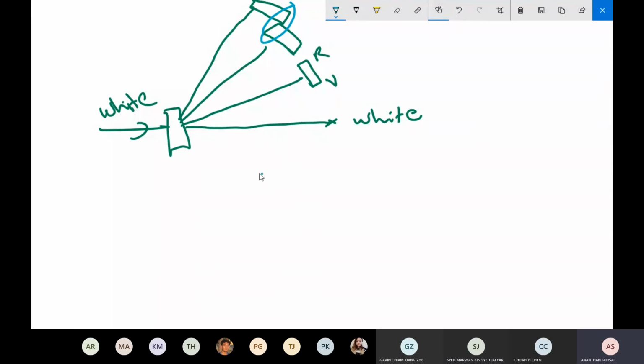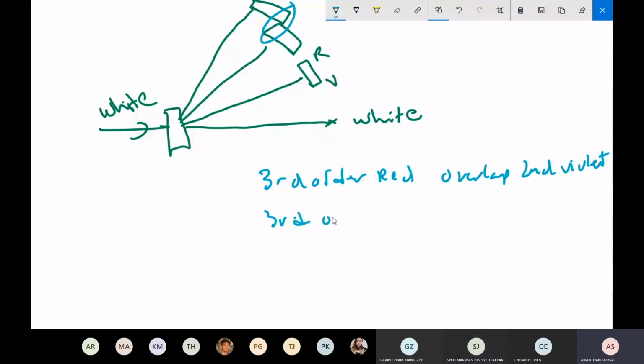Tell me, is it possible for the third order of red to overlap with the second order of violet, or the third order of violet to overlap with the second order of red? Which is possible?